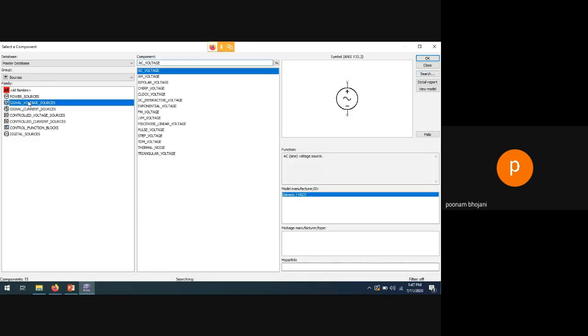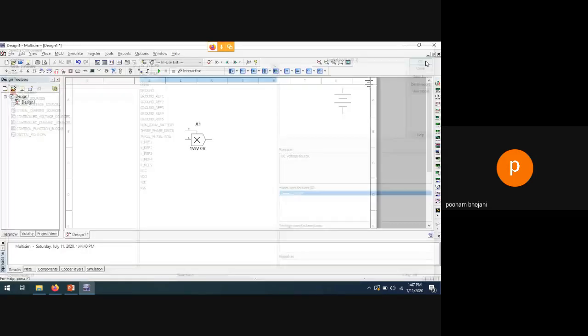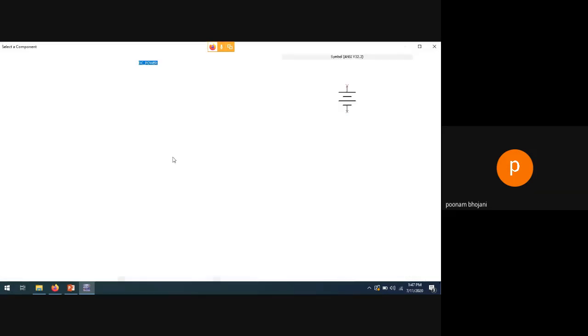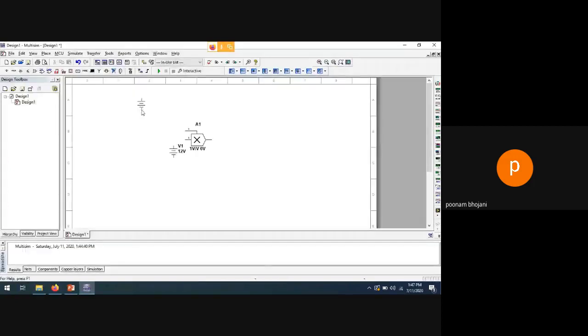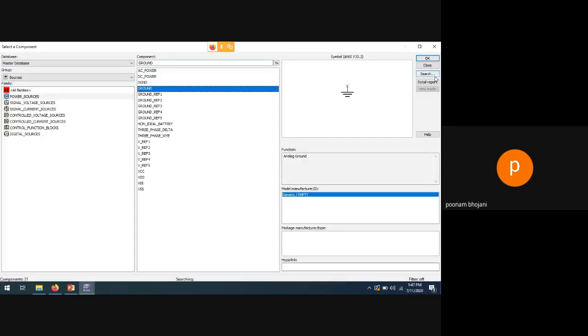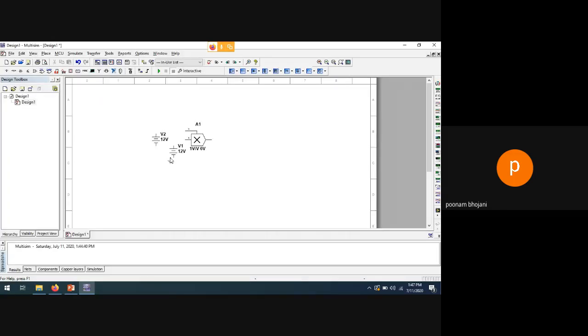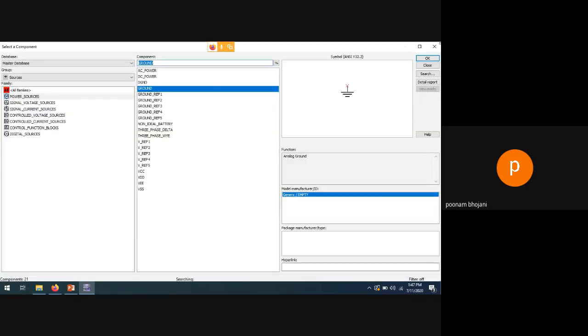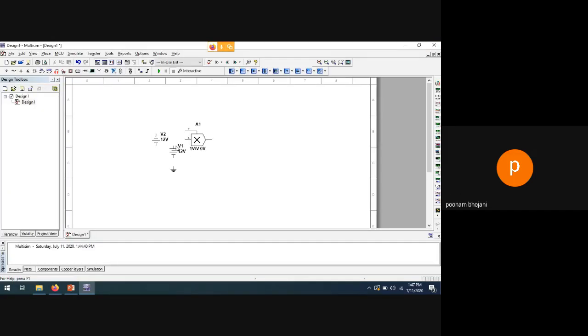For example, first of all I am applying two DC batteries to X and Y. I will require one ground also, because the negative of the battery will be connected to ground. So I am applying V1 to X and V2 to Y.